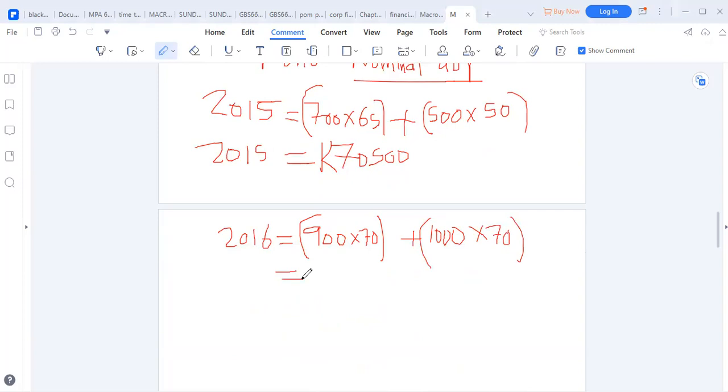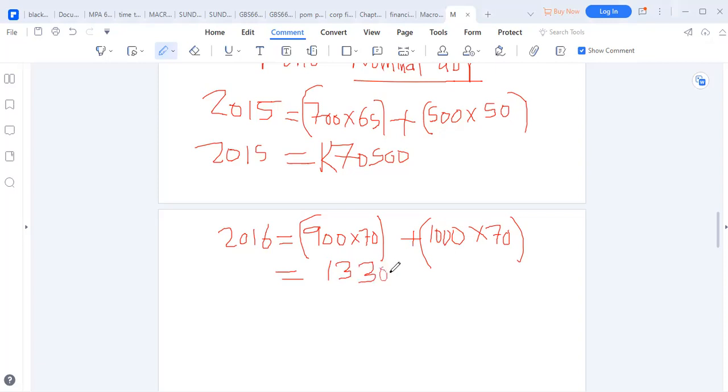So 900 by 70 plus 1,000 by 70 gives us 133,000.